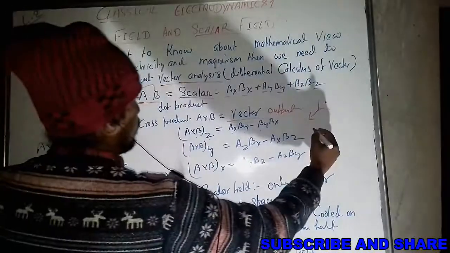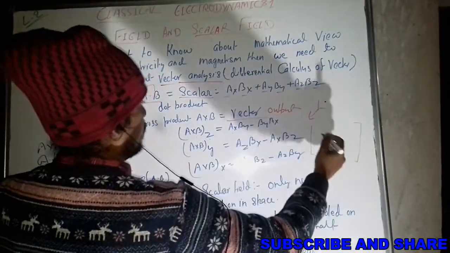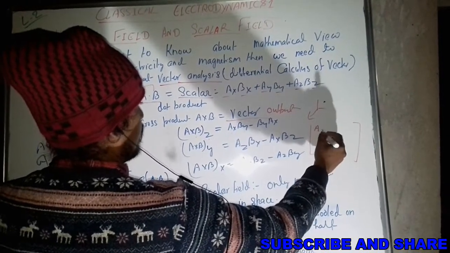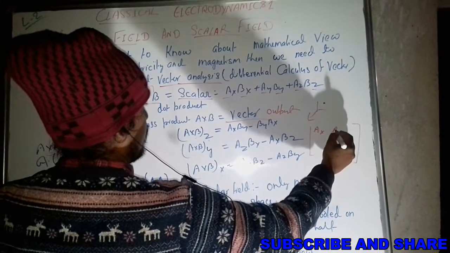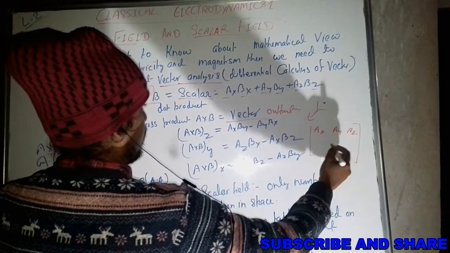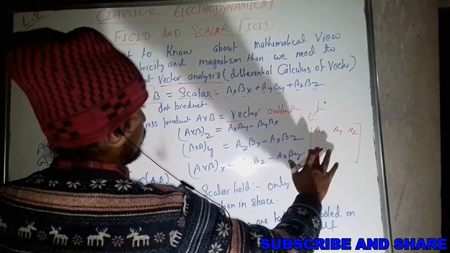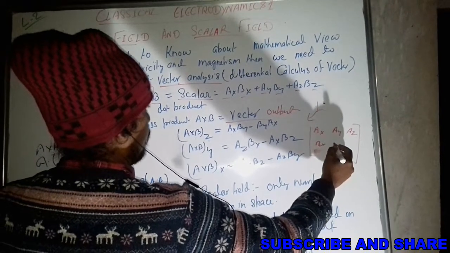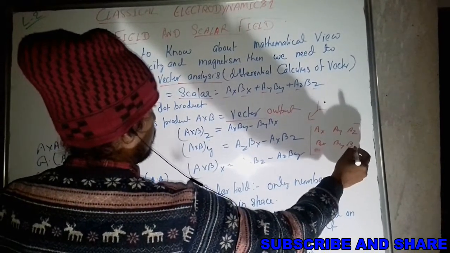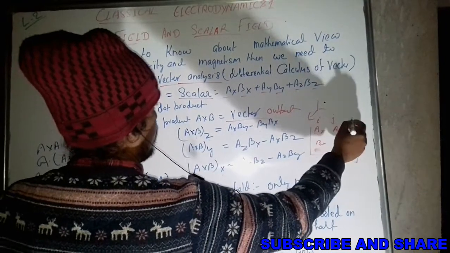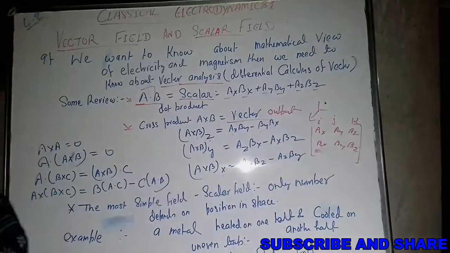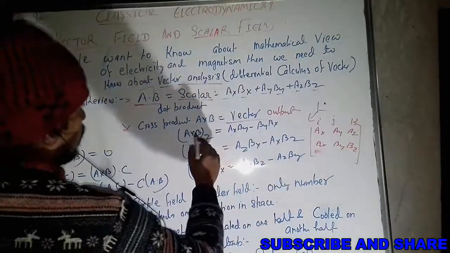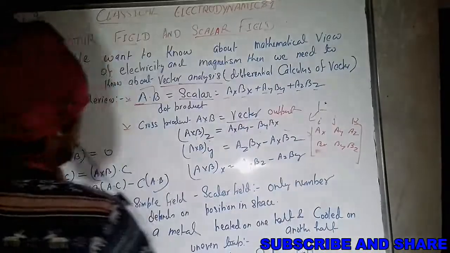So in the matrix form we can write AX, AY, AZ, BX, BY, BZ, I, J and K. This is the cross product. So this can be represented by this one.